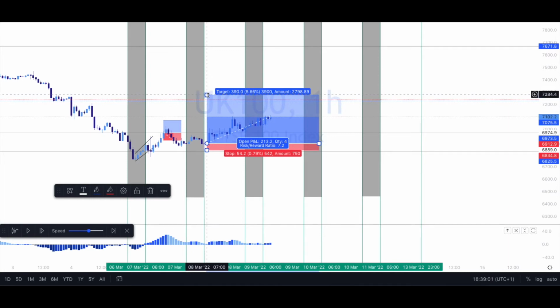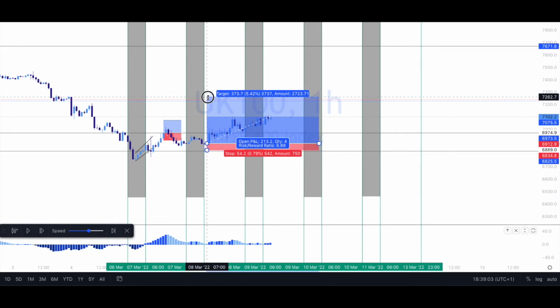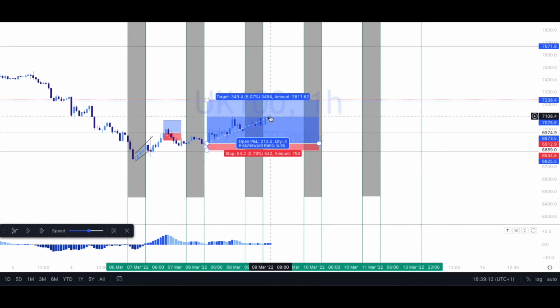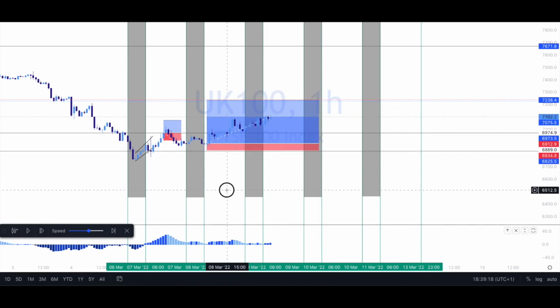Let's see if we can just get another squeeze in there as well. Let this play out a bit more. So what's the time? It's 9 in the morning. Okay, so let's just run a bit.